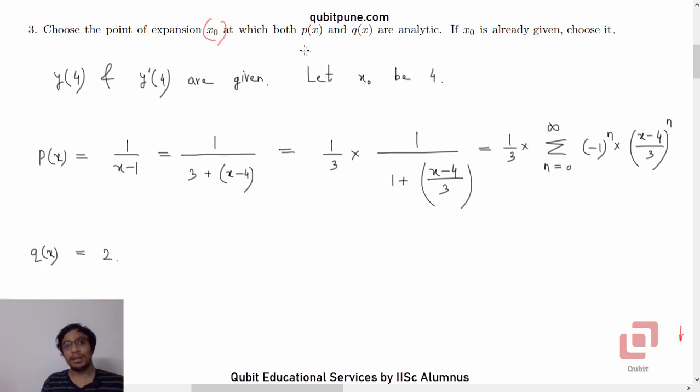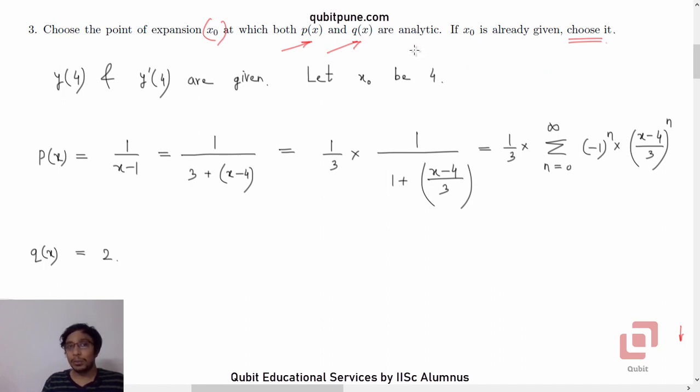And according to the theorem, both p of x and q of x should be analytic, and if x0 is already given and is not equal to the singular point, we choose it. Don't be under the impression that we cannot actually expand it about a singular point.